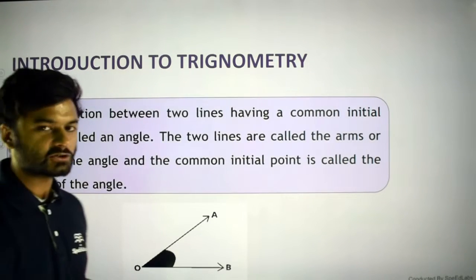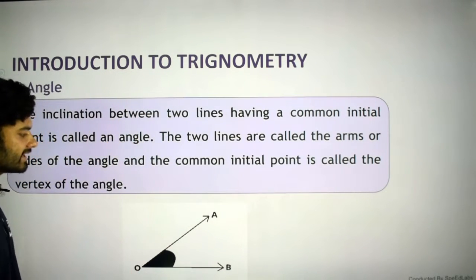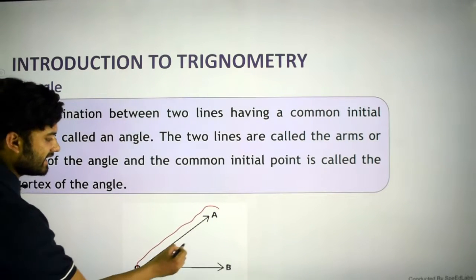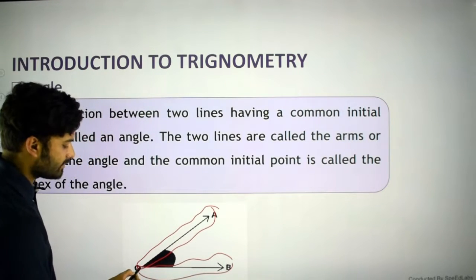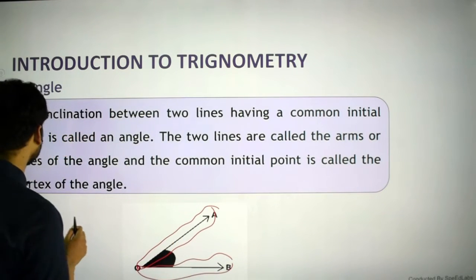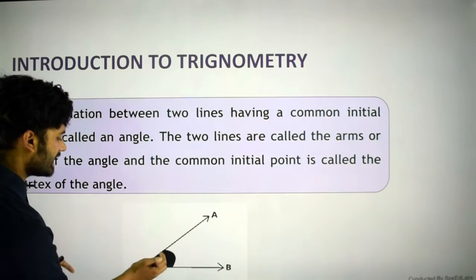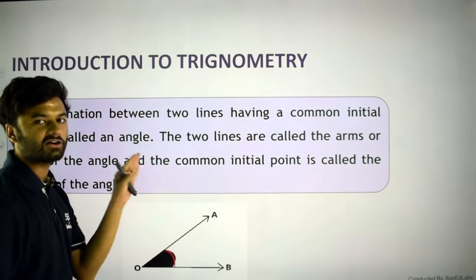The first topic is the angle. What is an angle? As you can see in the figure, there are two sides. Let's say this is my side A and this is side B, and this is the initial point where these two ends are joined. This is the angle. It is basically the inclination of two sides.